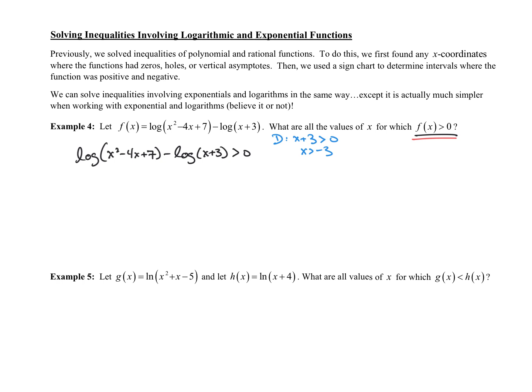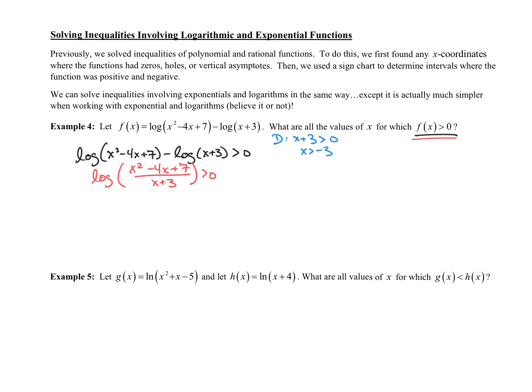Now, I can't strip away my logs right away, can I? No. What's really happening on the left side? Subtraction, and subtraction is really division. So I'd end up having a log of x squared minus 4x plus 7 over x plus 3 is greater than 0.